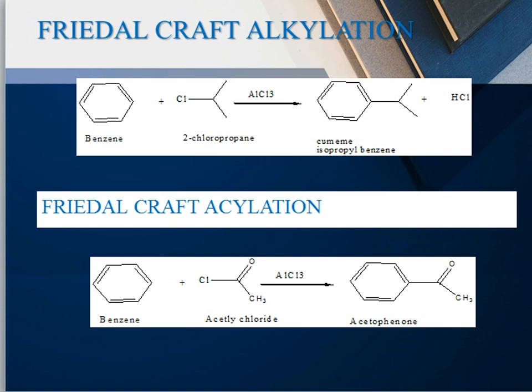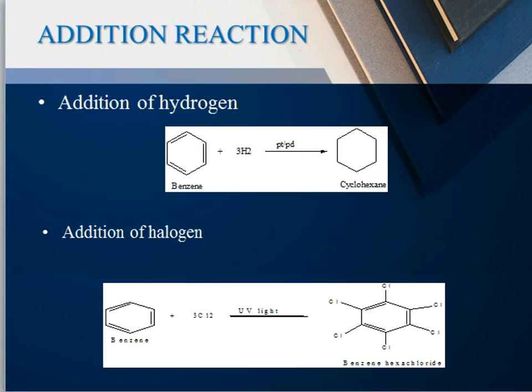The next reaction is the addition reaction, the reaction in which a group is added. So here is the first addition, of hydrogen. Benzene undergoes an addition reaction with hydrogen in the presence of a reducing agent, which is platinum or palladium, which gives cyclohexane. Here benzene contains 3 double bonds.